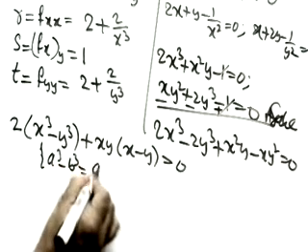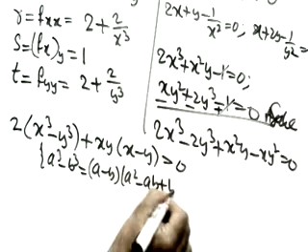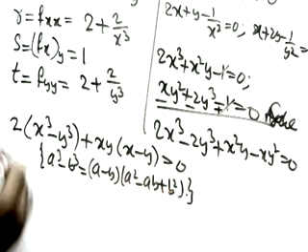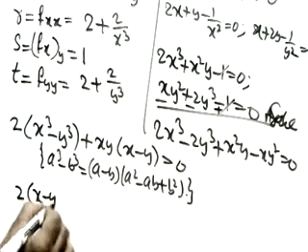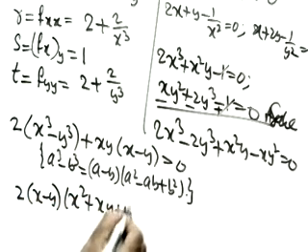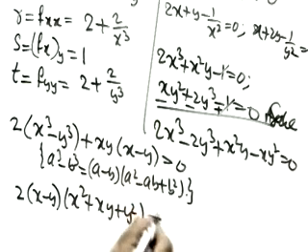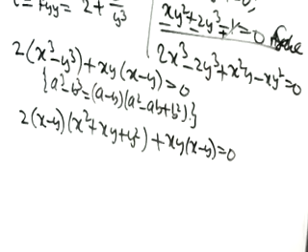Now you can use this formula: a cube minus b cube equals a minus b into a square plus ab plus b square. So 2 into a cube minus b cube can be written as a minus b into a square plus ab plus b square bracket, plus what is left here, xy into x minus y equals 0.